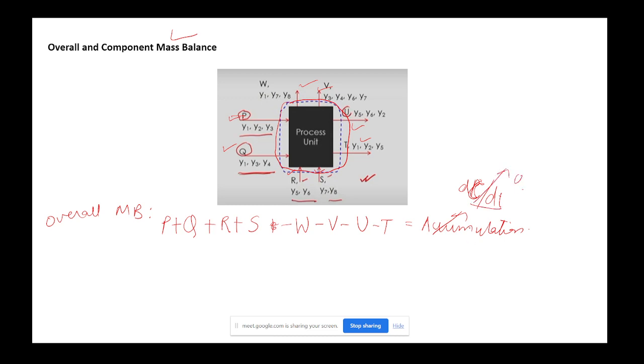So accumulation will be 0 for steady state, and the accumulation term will just appear when there is unsteady state, for example a batch process, and for continuous processes this term will tend to 0.